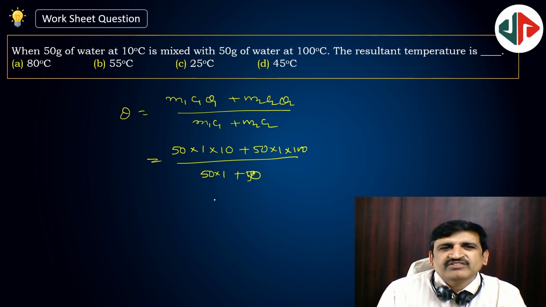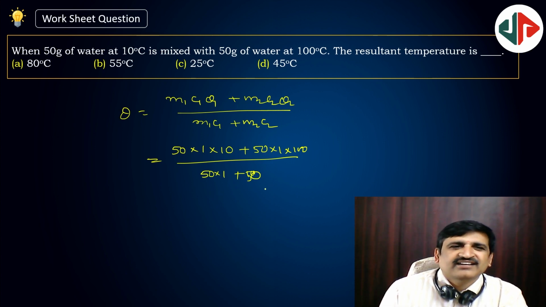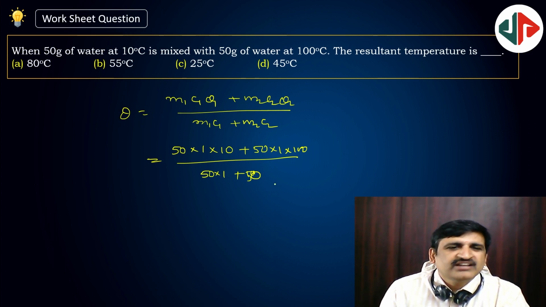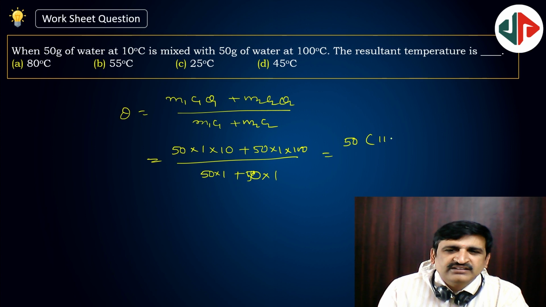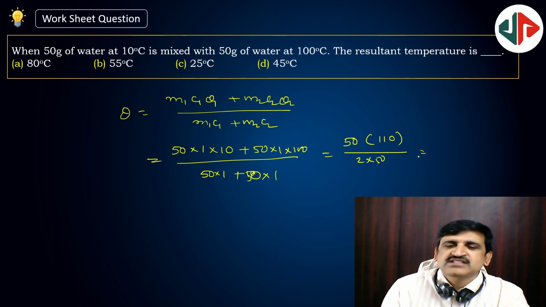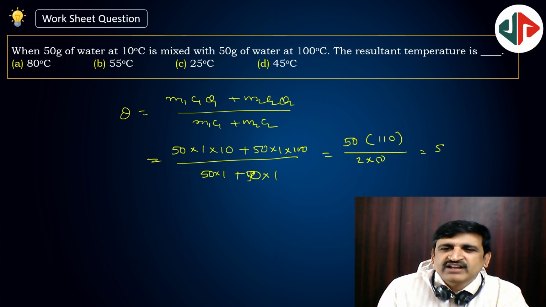Then why don't we go for the average simply? 100 plus 10, both are equal. Whenever equal amounts of the same substance are mixed, then happily you can go for averaging.